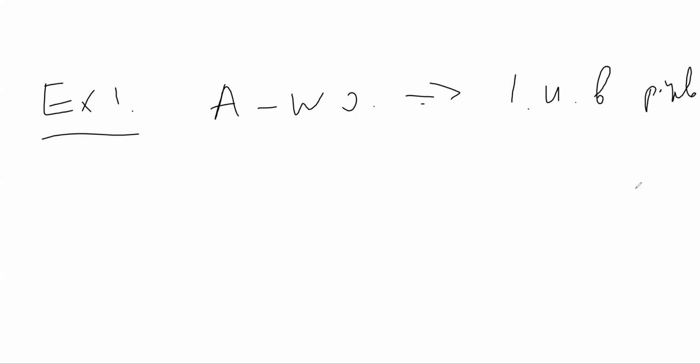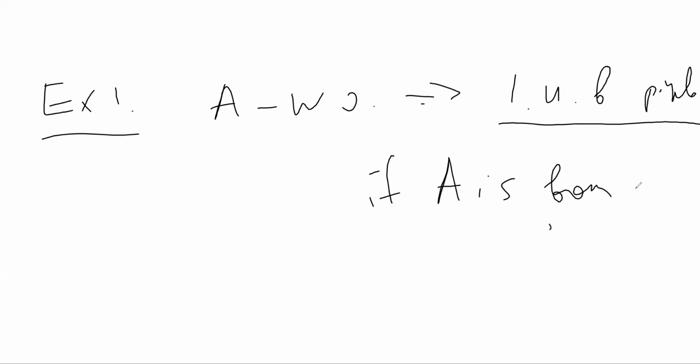For people who don't know what the least upper bound property is, it tells you if your set A is bounded, at least from above, then it has the smallest upper bound.